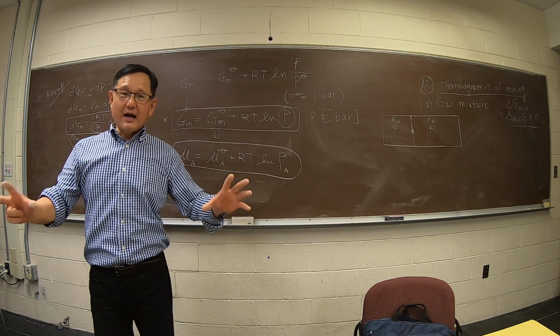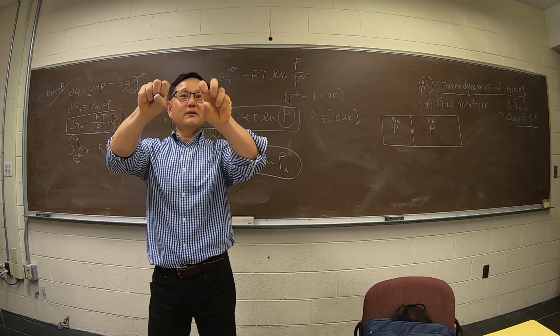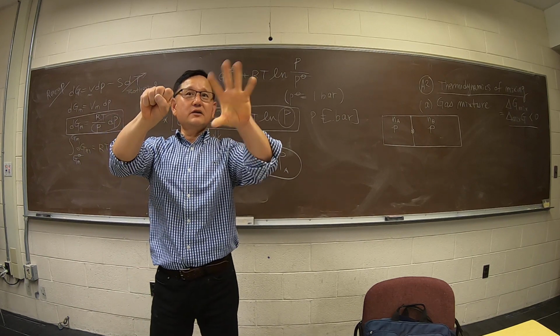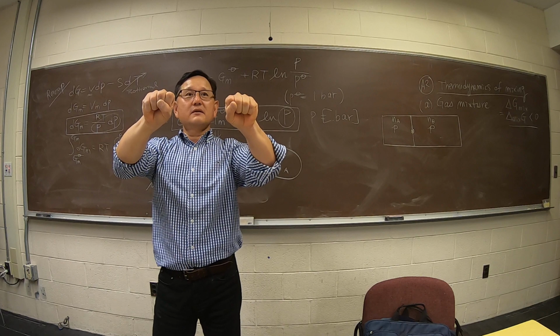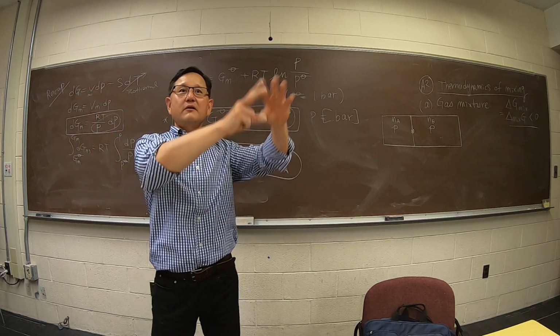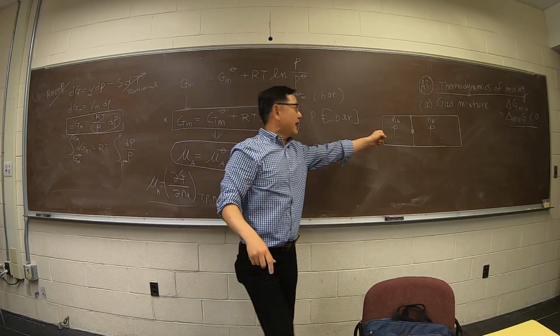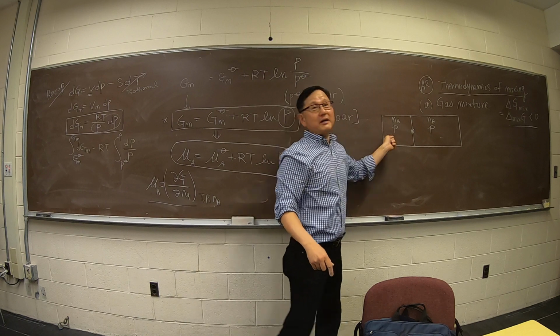I have two containers, same pressure. One is nitrogen, the other is oxygen. Maybe 10 moles here, 100 moles on the other side, but the pressure is the same. I want it this way because that makes my life easy.